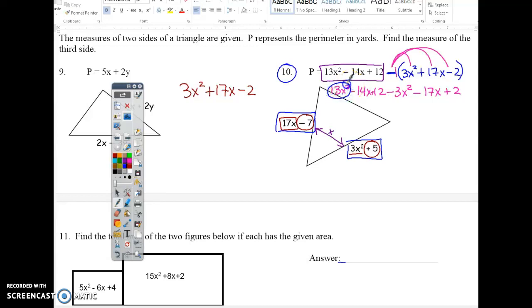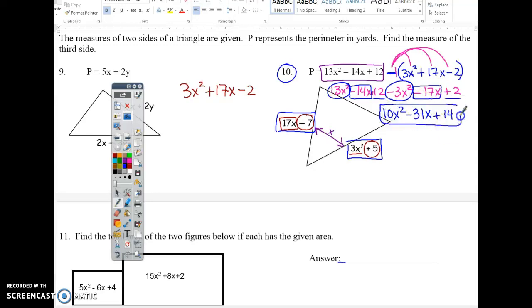So I have 13x squared minus 3x squared. What does that give you? 10x squared. -14x minus 17x in the calculator. -14 minus 17, -31x. And then I have +12 plus 2 gives you a +14.